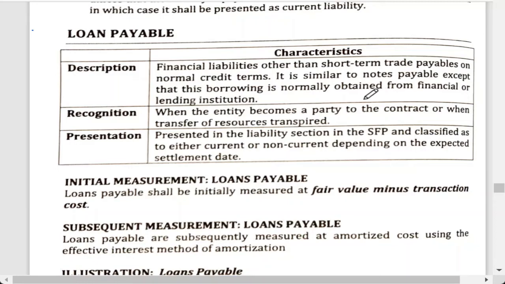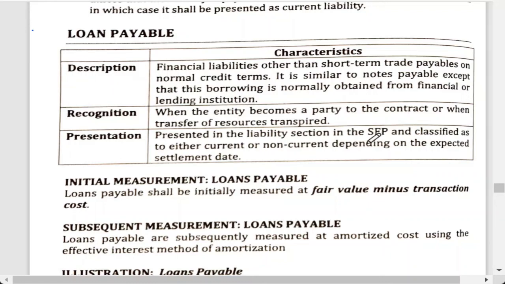When do we recognize a loan payable? When the entity becomes a party to the contract or when the transfer of resources transpired, that's when we recognize a loan payable. We present the loan payable in the liabilities section of the statement of financial position and classified as either current or non-current depending on the expected settlement date.